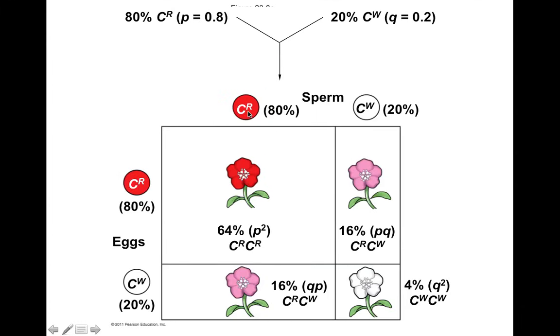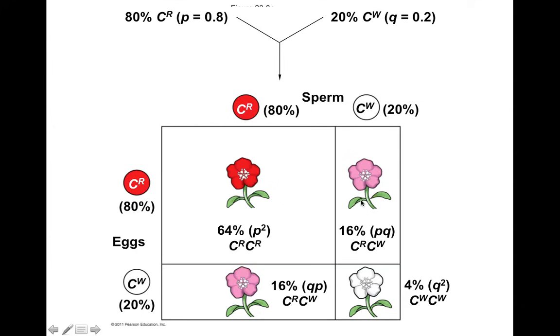So 80% likelihood of getting a red allele from the sperm, 80% likelihood of getting an R allele from the egg, means that there's going to be a 64% chance of getting a red flowered plant.